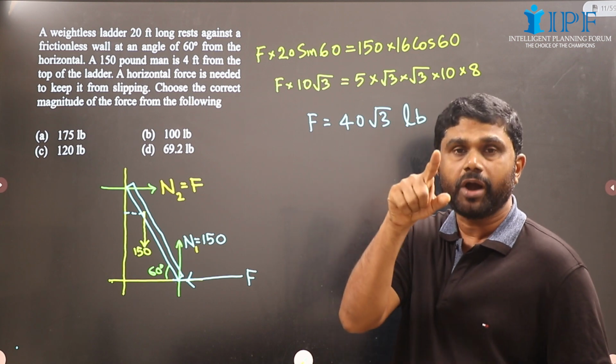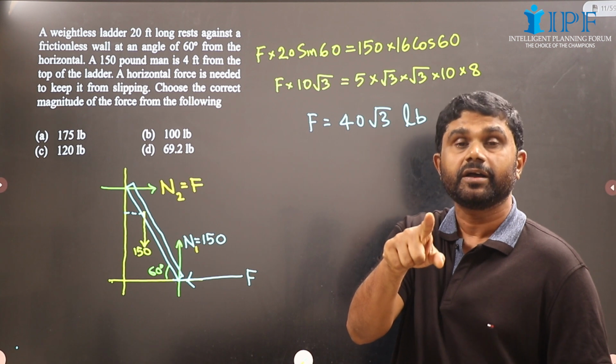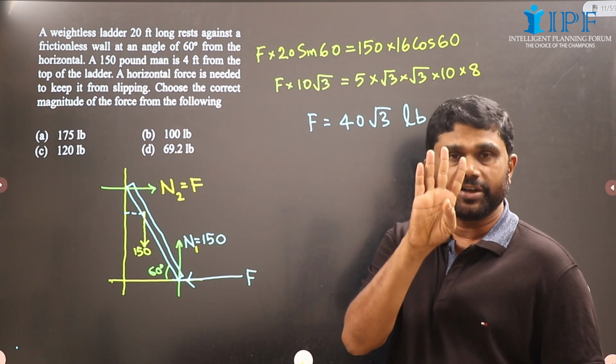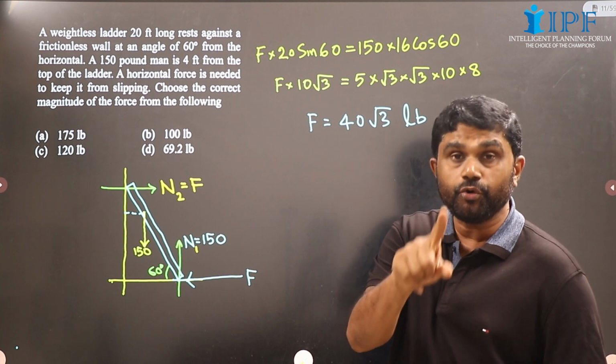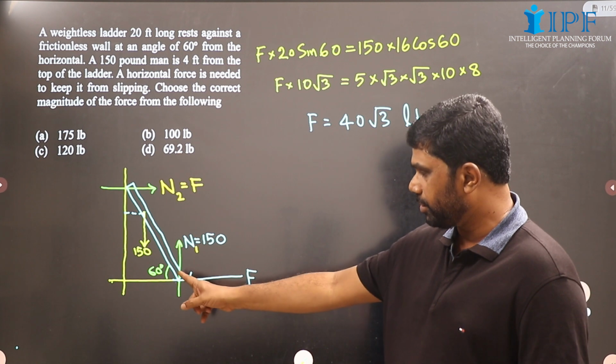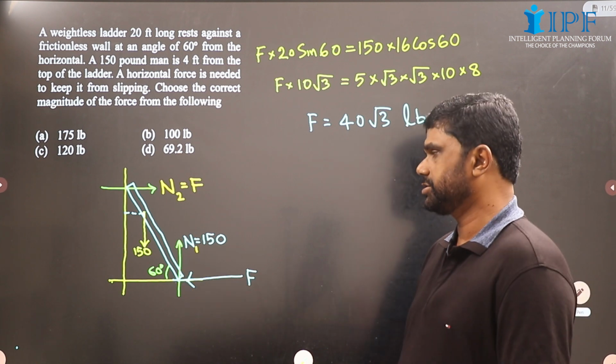So you have to choose the point of reference where the maximum number of forces are acting. Here we have only 4 forces and 2 of them are acting at this point. So let us take the moment, the torque, about this point.